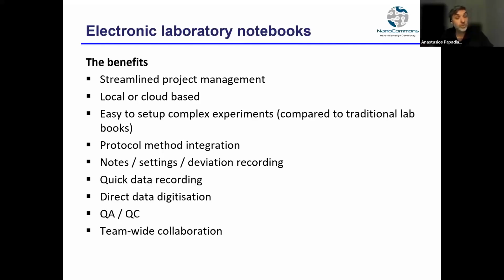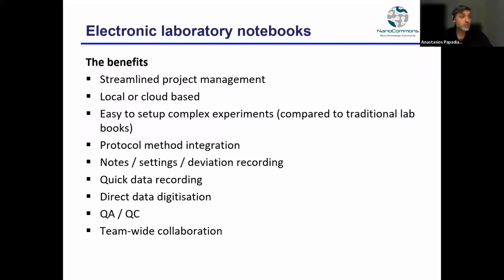You can have a protocol repository where you can store all your protocols in their original form that cannot be edited by anyone, so that it cannot be lost, and then you can use this protocol within specific experimental procedures and note any deviations within the experiment and so on. And then you can record data as you produce them.